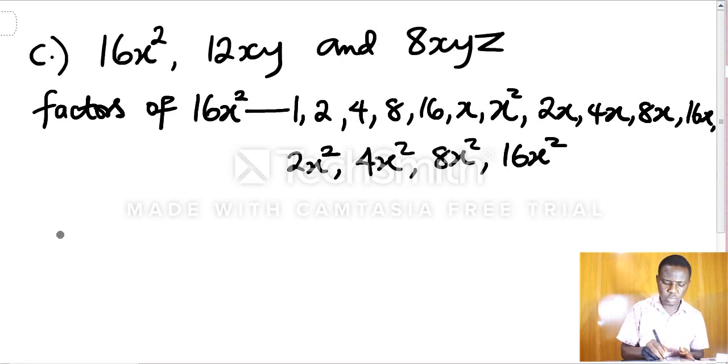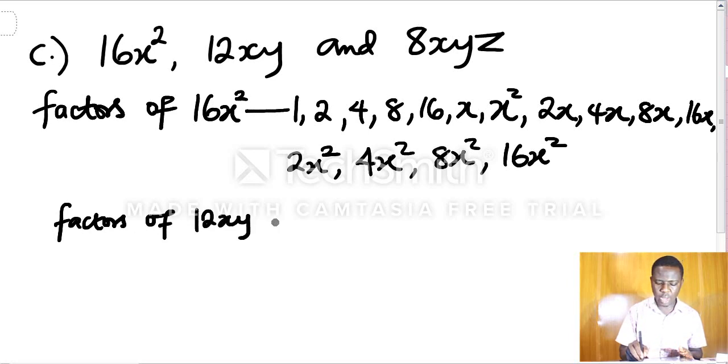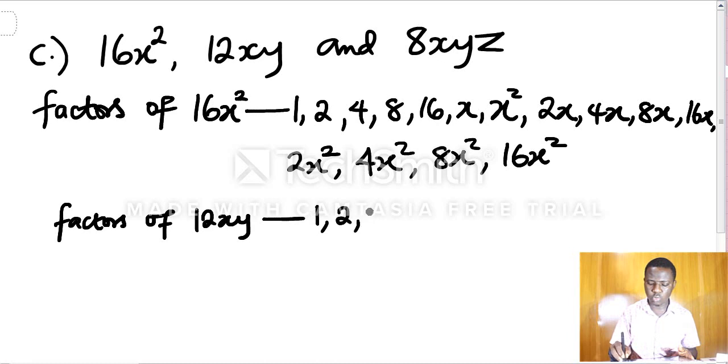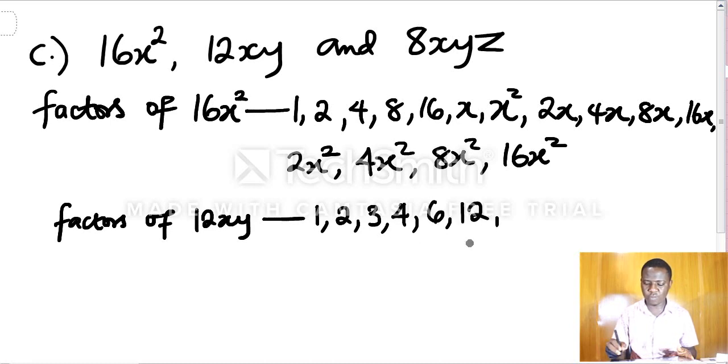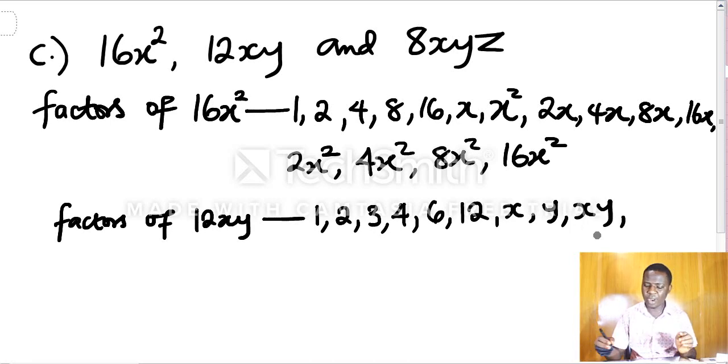What are the factors of 12xy? Let's get the factors of 12. We have 1, 2, 3, 4, 6, and 12 itself. Also the factors of xy, we have x, y, and xy. Then we combine both letters and numbers together.